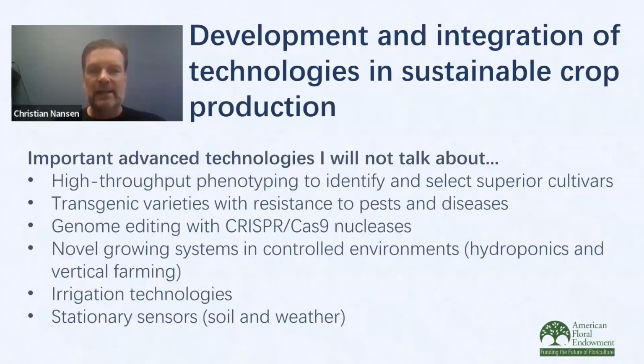Very, very exciting technologies that are just maturing more and more and becoming more and more relevant and more applicable, more and more useful to people in ornamental crop production as well.